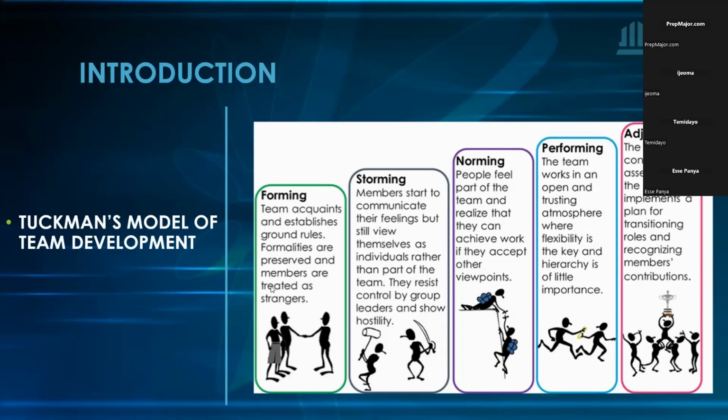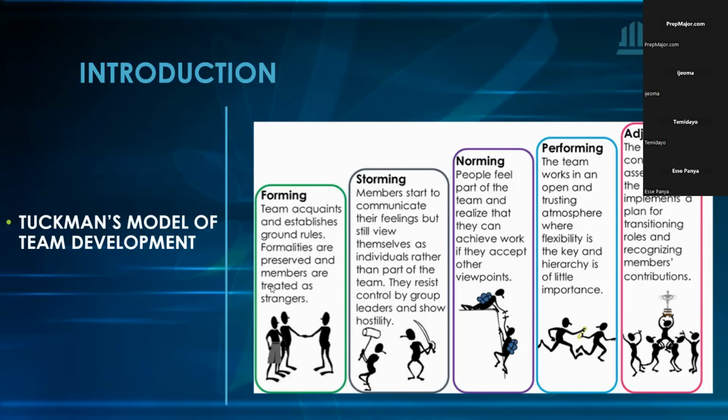In this stage they tend to ask a lot of questions and try as much as possible to get acquainted, and this is where they establish some ground rules and set clear expectations for the team.